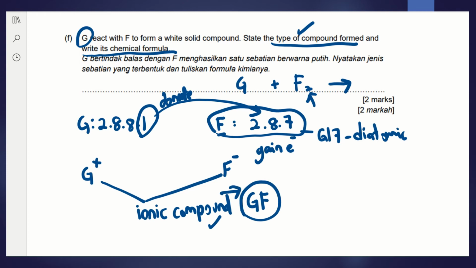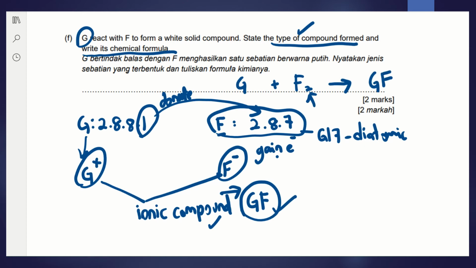Atom G donates one electron to form a G+ ion. Atom F gains one electron to form an F- ion. The G+ ion and F- ion are attracted by strong electrostatic forces to form the GF compound.